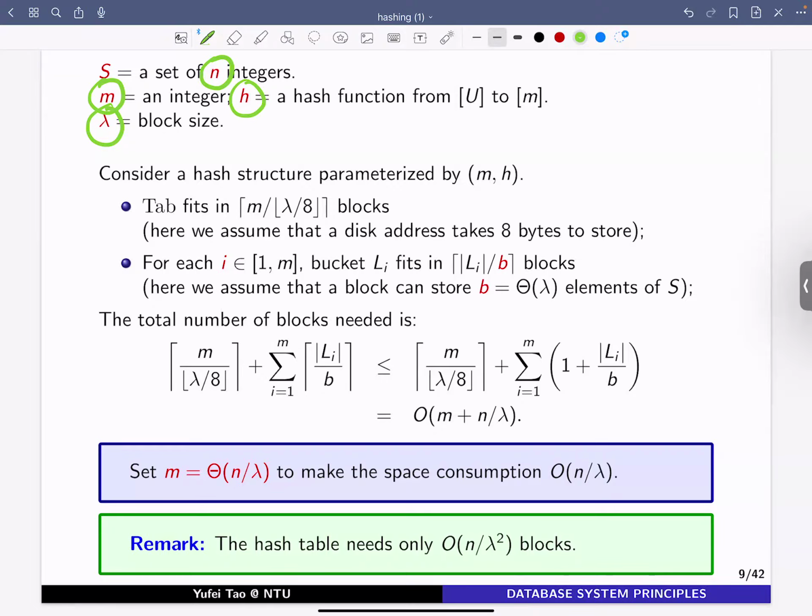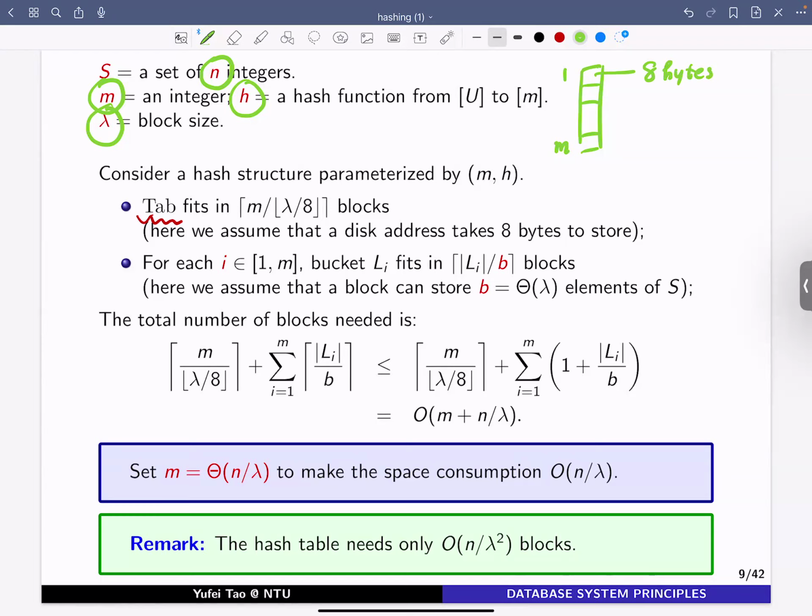So now let's look at the hash table first. Now remember, a hash table goes like this. You have how many entries? You have exactly m entries. Okay. So each entry is an address. So how many bytes do we need to store an address? I would say today we are using 8 bytes, right?